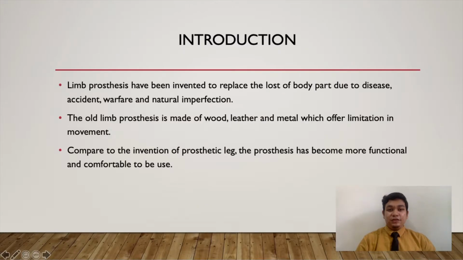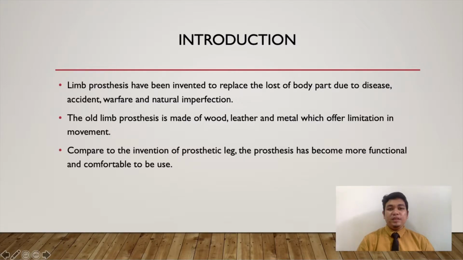For the introduction, the limb prosthesis has been invented in order to replace the loss of a body part caused by disease, accident, warfare, and also natural imperfections since early birth.